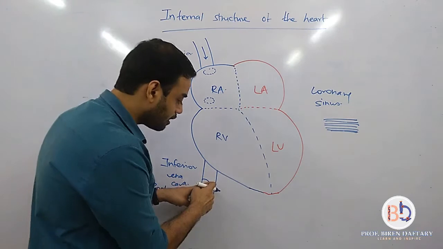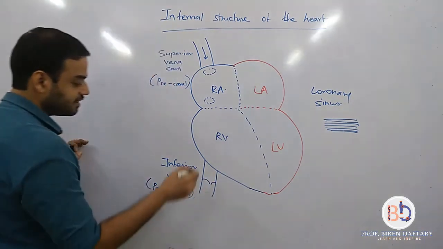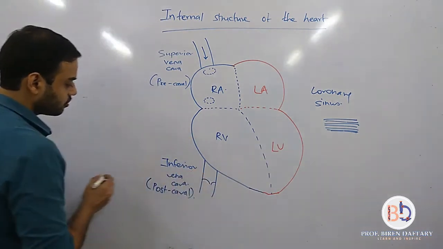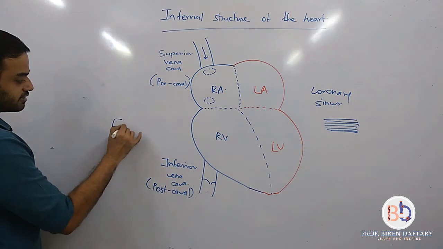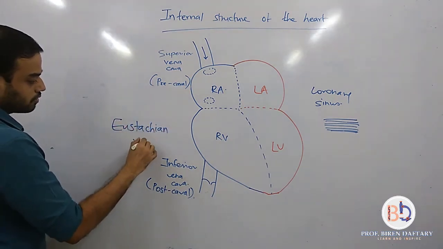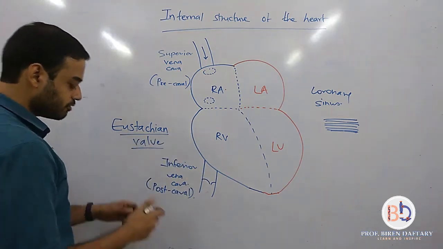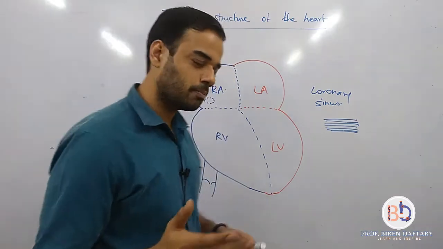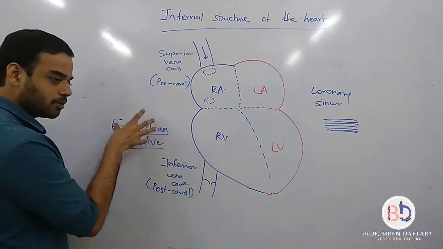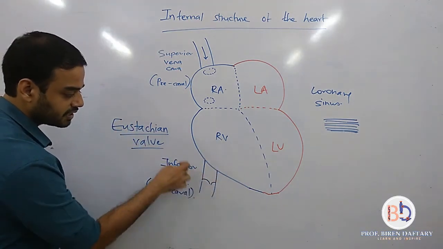And this valve in the postcaval or the inferior vena cava is called as the eustachian valve. If you are studying this for the first time, you will think that there are a lot of words to remember, but when you read it twice or thrice, you will be able to remember these words. So eustachian valve is the valve present in this vessel.